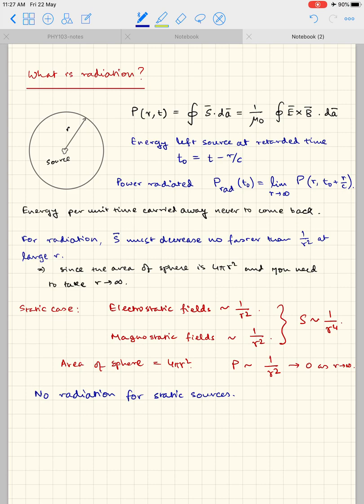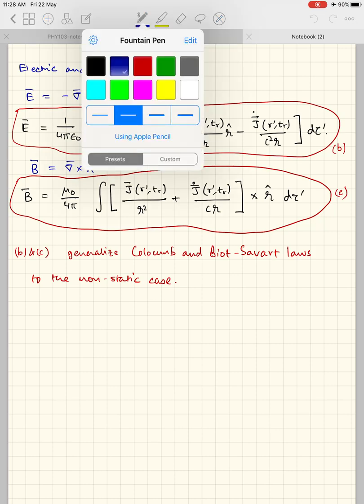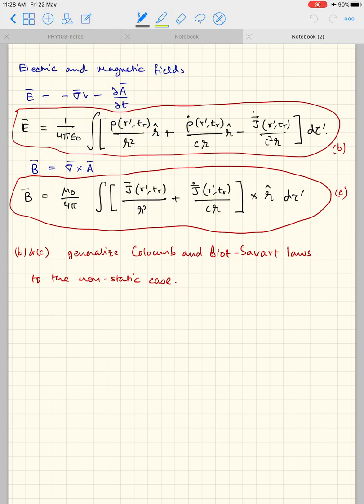Now, remember the expressions that we wrote down last time round, this E and B that we had, which generalized Coulomb's law and the Biot-Savart law for the non-static cases. So now you see that, for example here, you have things that go as 1 over r, right?